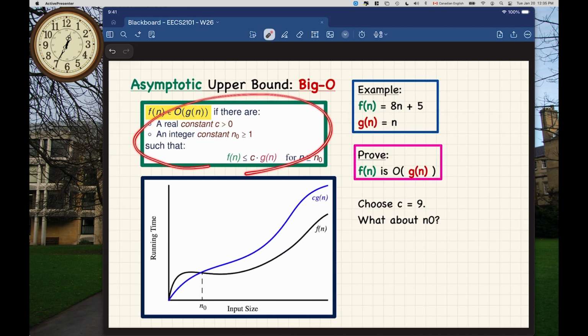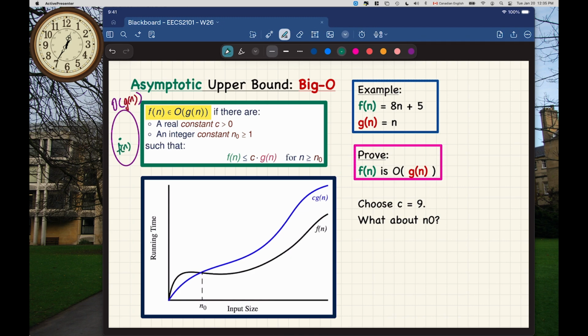Just to keep ourselves reminded, what we are really doing here is thinking about the family of the big O of g of n, and then we want to show that the runtime function f of n is actually a member of it. So f of n is right here, and g of n is right here. That's what we're going to show.